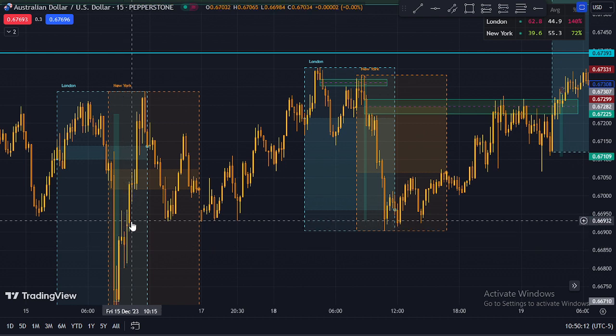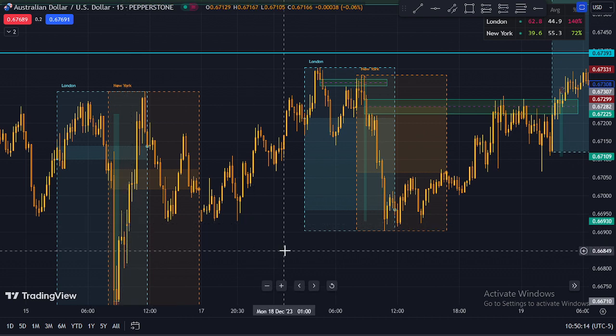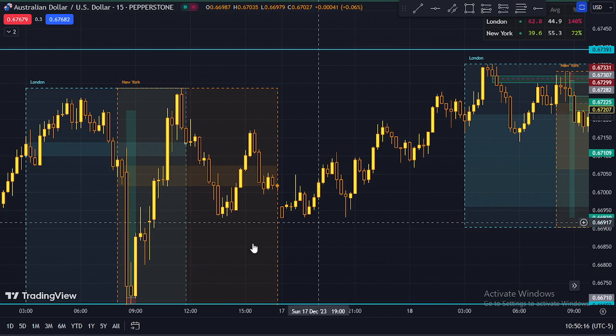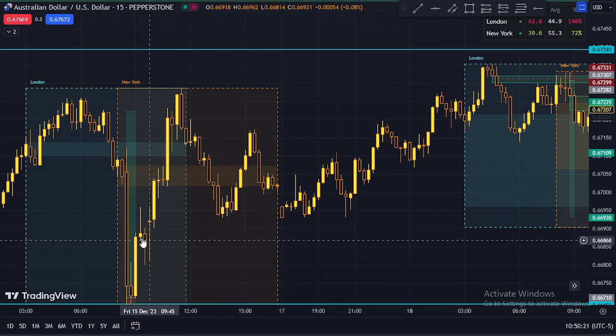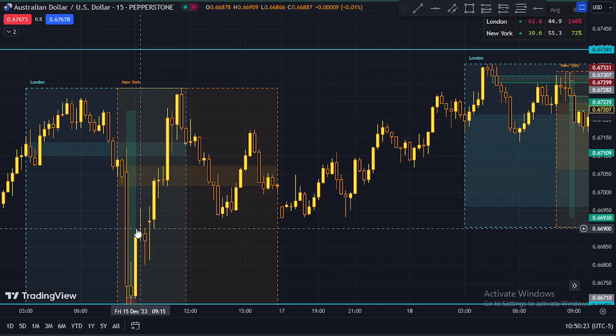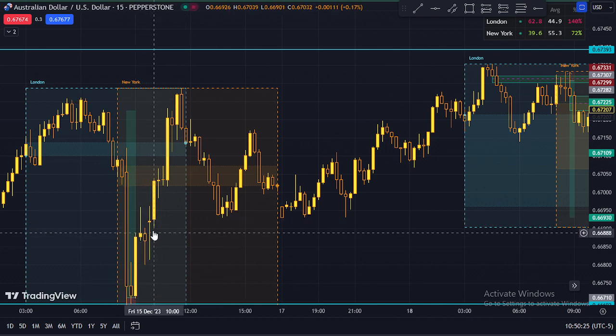And also we had these, as you can see, these are volume imbalance, as you can see, only the wicks traded into each other. So we did not have anybody connecting with each other.